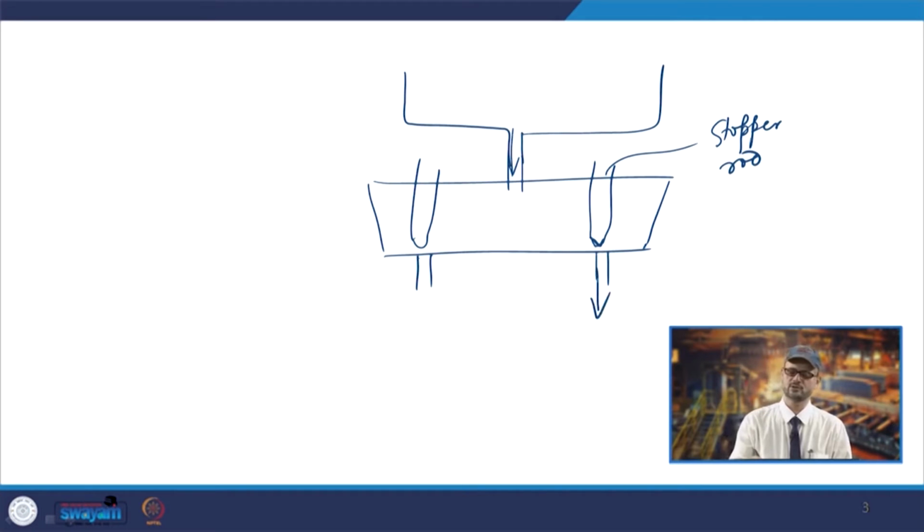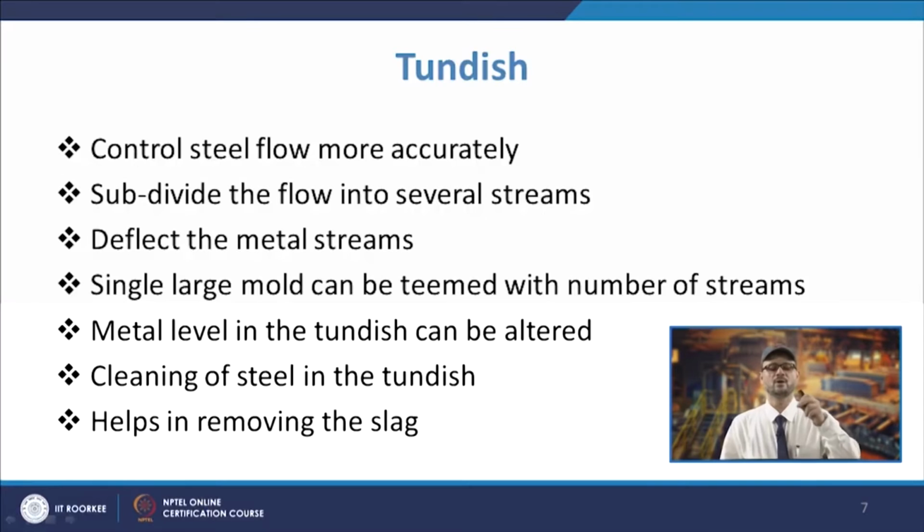From here it is going to the mold. So, this way it controls the quantity of metal which will be flowing into the mold.